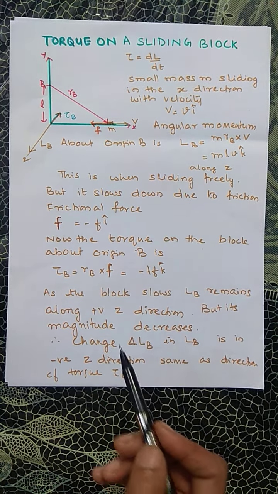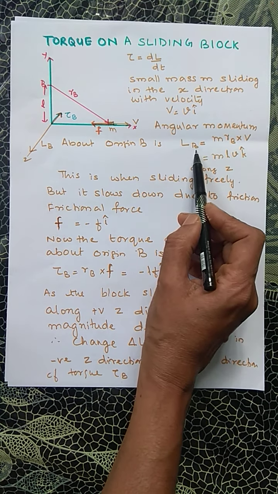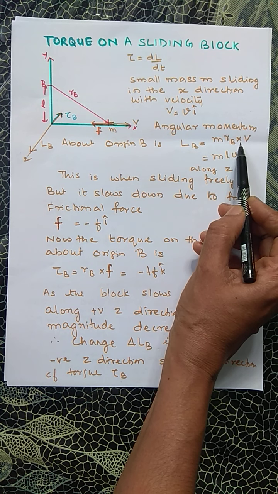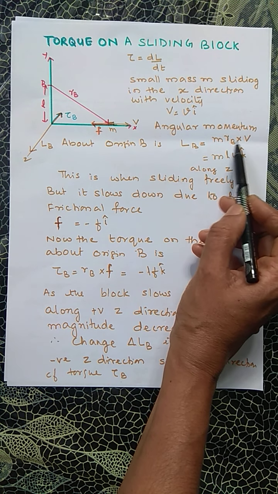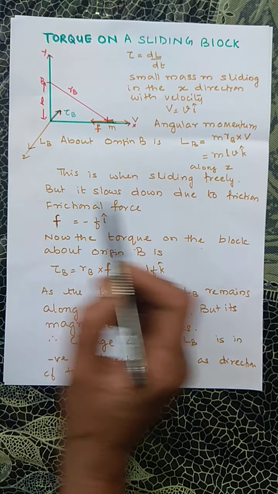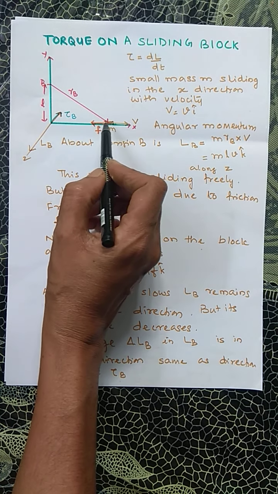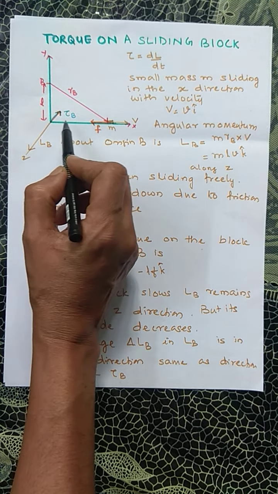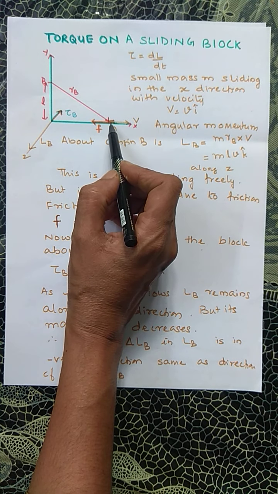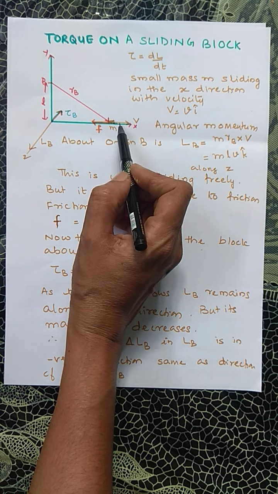So the angular momentum about the origin B, if you calculate, LB will be equal to mass m into position vector cross velocity. So m RB cross V will be the angular momentum about the origin B. RB we can resolve into perpendicular and parallel components. The parallel component will not contribute because when you take the cross product with V, it will be 0.